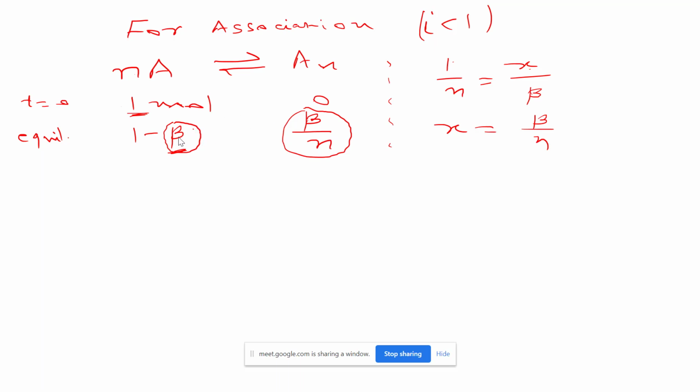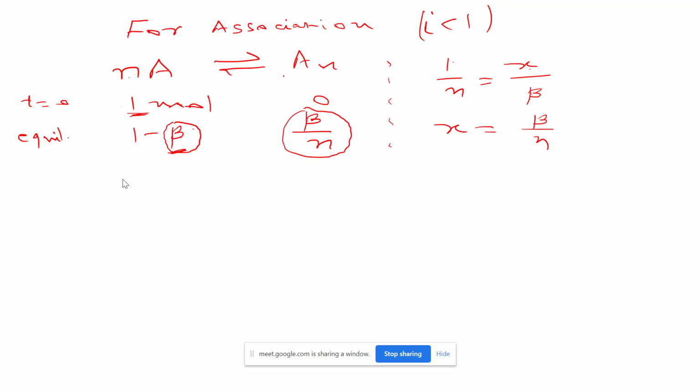So the ratio of this subtracted value and this produced value should be the stoichiometric coefficients for reactant and product, like n ratio 1 for these moles, beta and beta upon n. If these are in the same ratio, then your calculation is correct. You can even start with a number of moles not equal to 1 and proceed, but subtracted moles and produced moles must always be in the same ratio, that is, the coefficients for reactant and product.